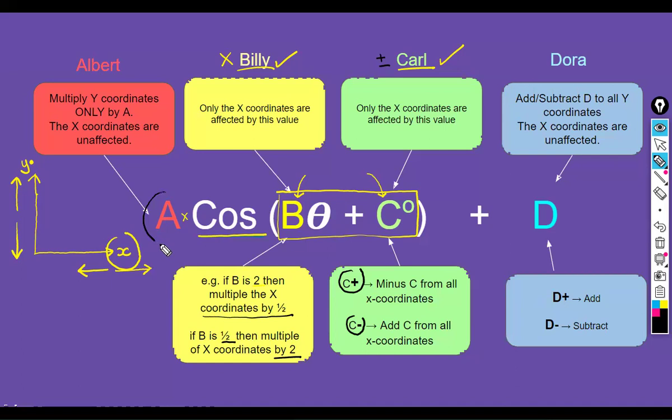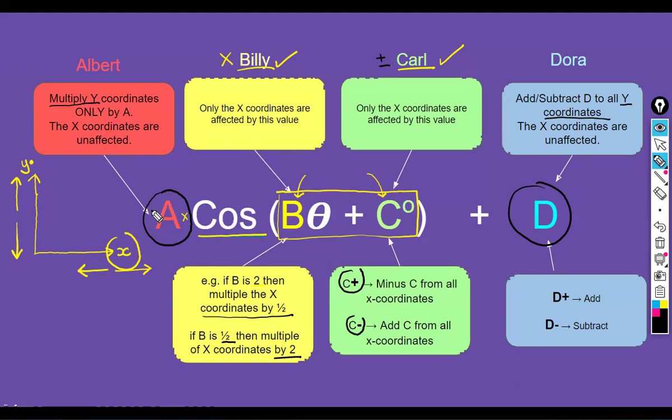However, the items outside the cosine, like A and D, which is really Albert and Dora, they only affect the y coordinates. The x coordinates are unaffected by them. But they actually make sense, meaning that if Albert is 3, you just multiply all the y coordinates by 3.